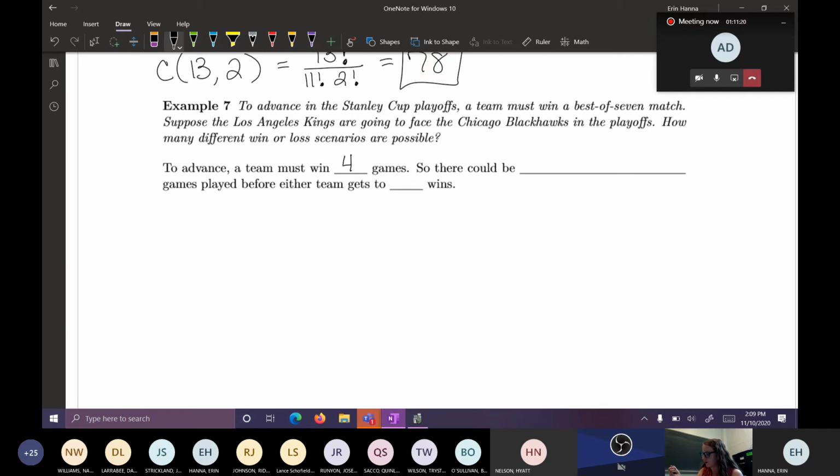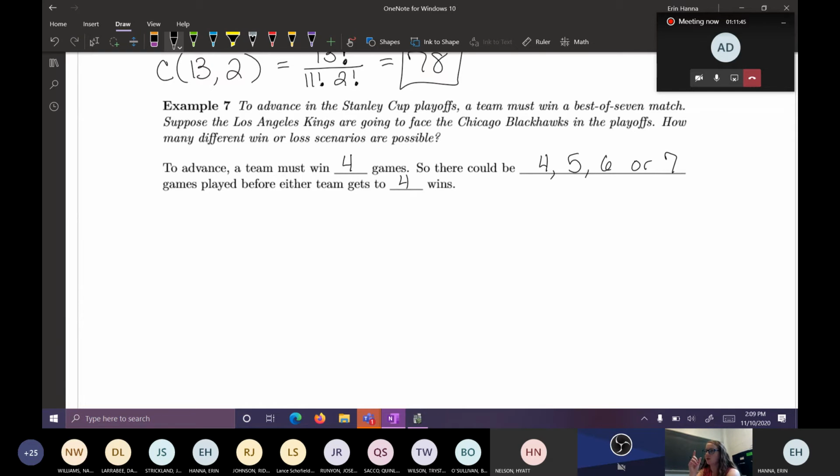So there could be 4, 5, 6, or 7 matches. They could win the first 4 and be done. They could lose one of the first 4 and have to play a 5th, and so on and so forth. So there could be either 4, 5, 6, or 7 games before either team actually gets to 4 wins.